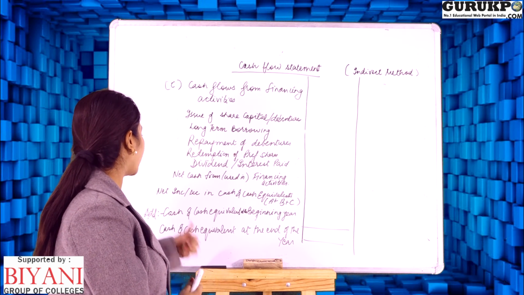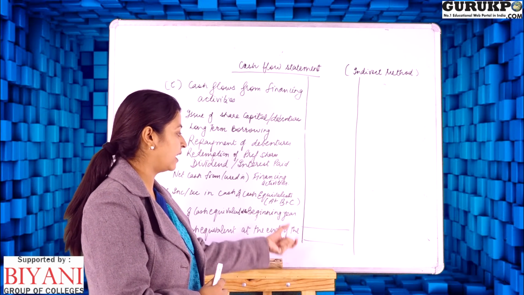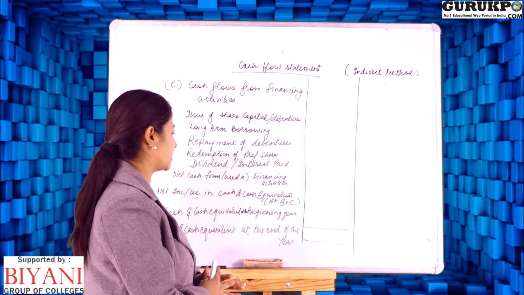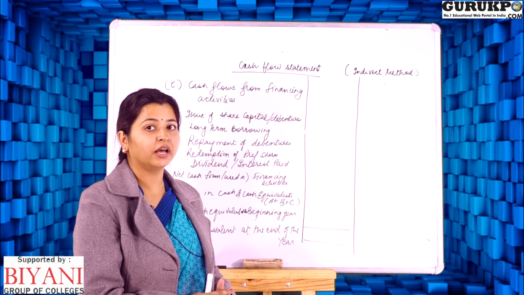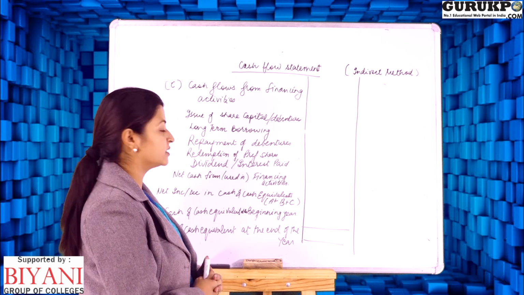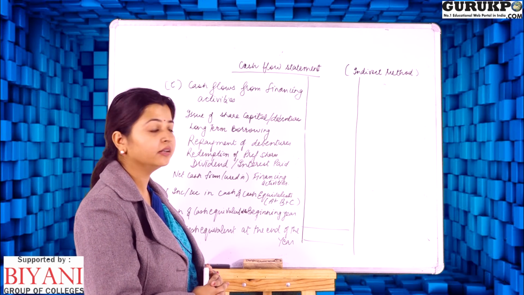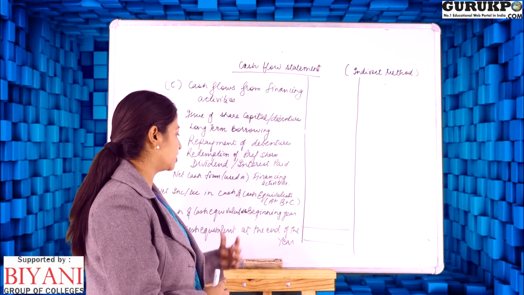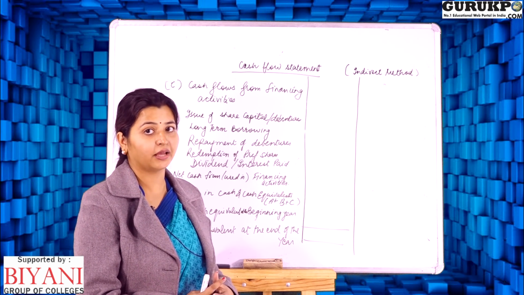Then we add cash and cash equivalent at the beginning of the year, and we get cash and cash equivalent at the end of the year, which is mentioned in our books of accounts.